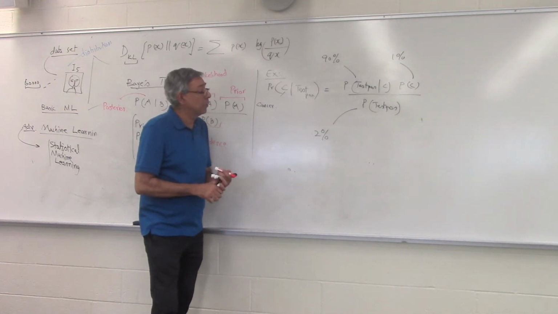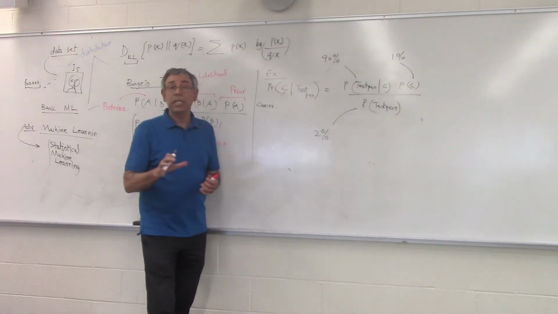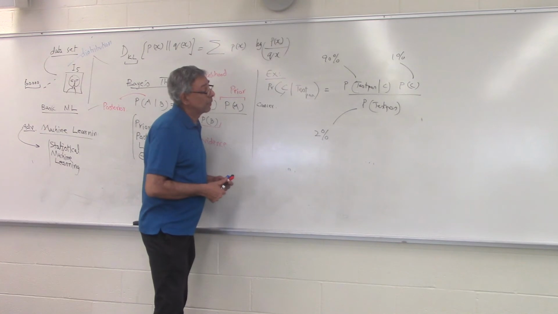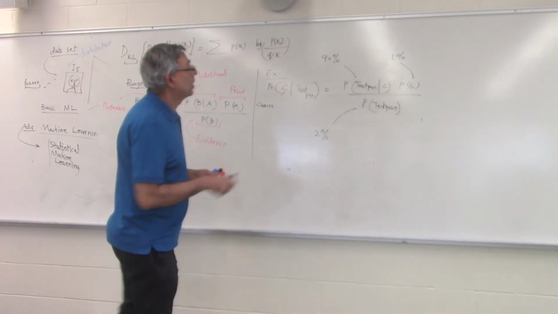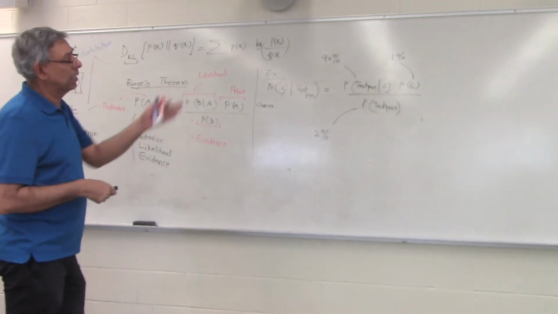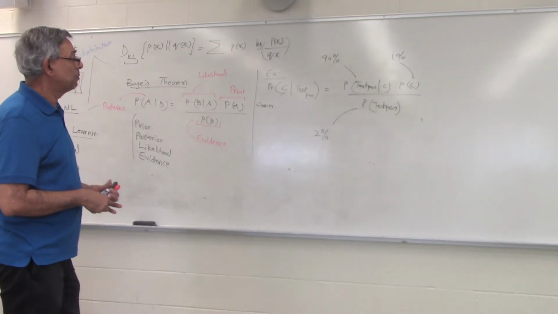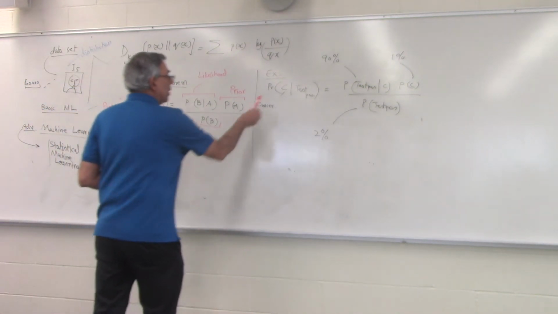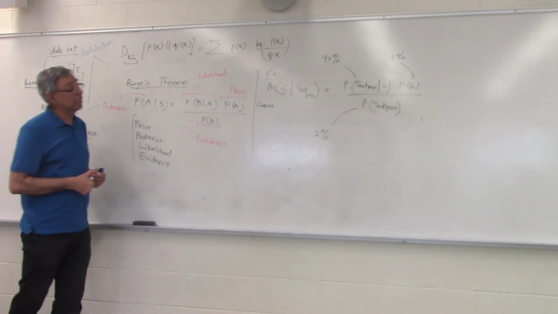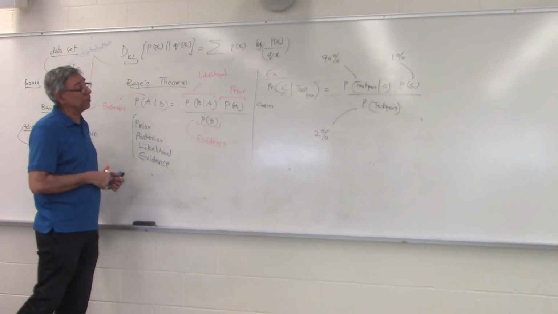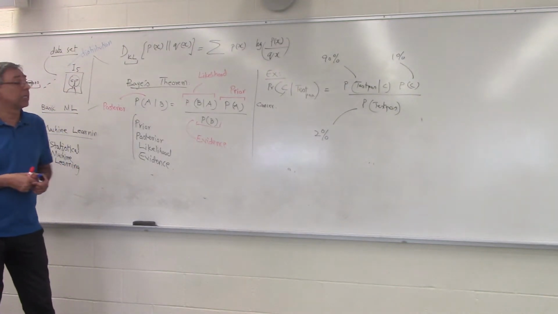So let's pretend 2% of all tests turn out positive, regardless of whether somebody has cancer or not. So anyway, if you plug in the numbers, this gives us a lot better idea of the probability that if somebody had a positive test for cancer, do they have cancer or not, right?